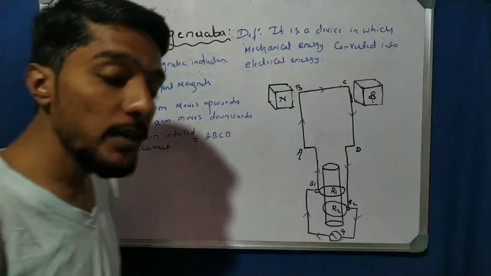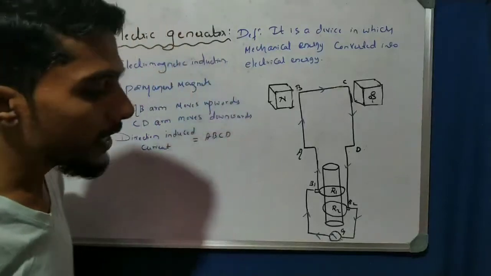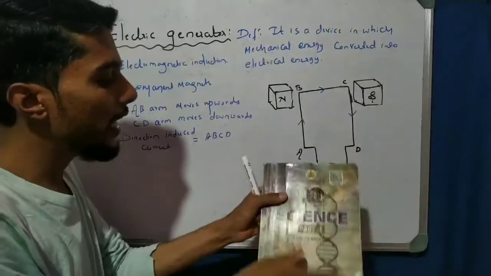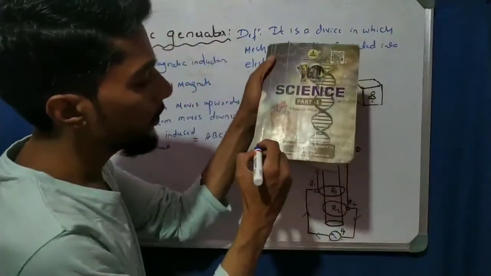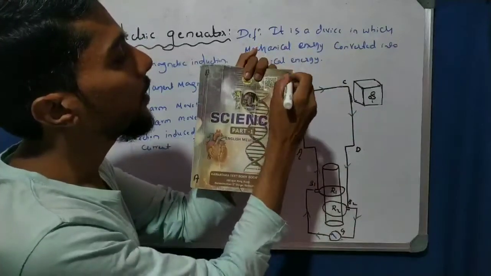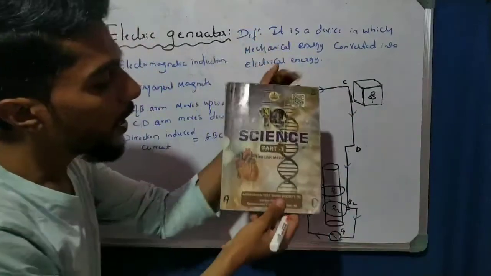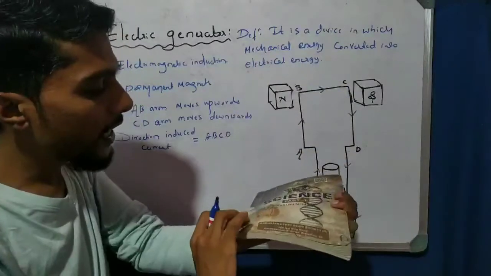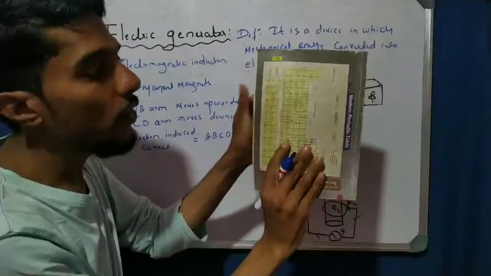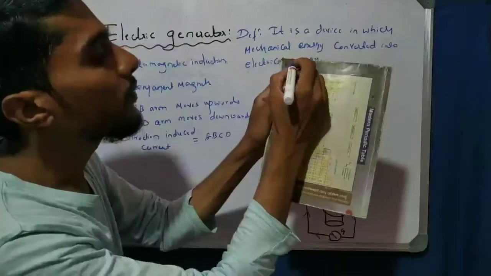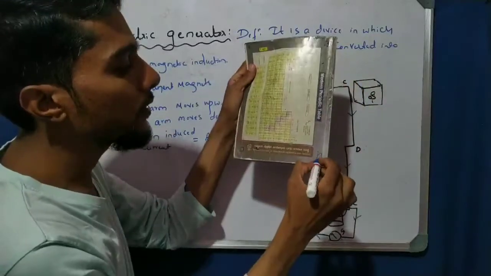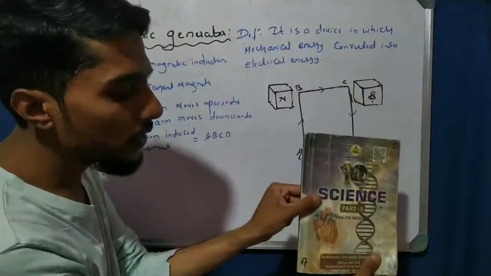This is done by the Fleming right hand rule. Now let us see here. This is A, this is B, this is C, and this is D. If AB moves upward, then after half rotation, CD comes here, and it is reversed.